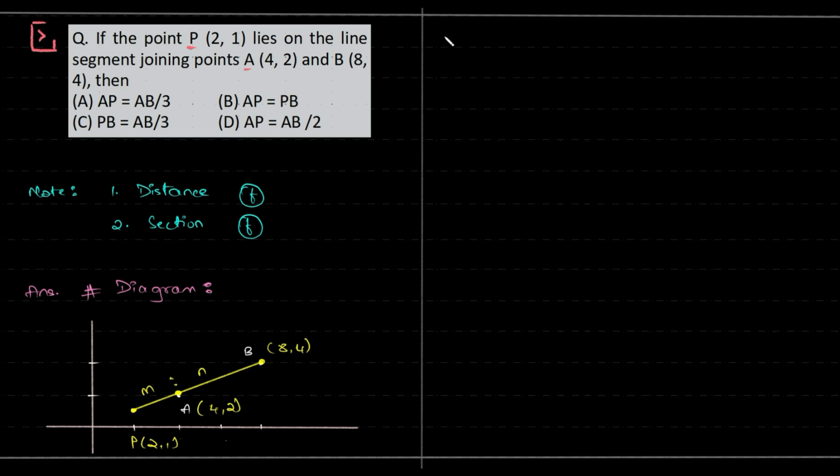So what are we looking at? We have the section formula. Either we can just use one of it, or if you want to verify, you can use both of it. That is, x is what? x equals x2m plus x1n divided by m plus n, right?